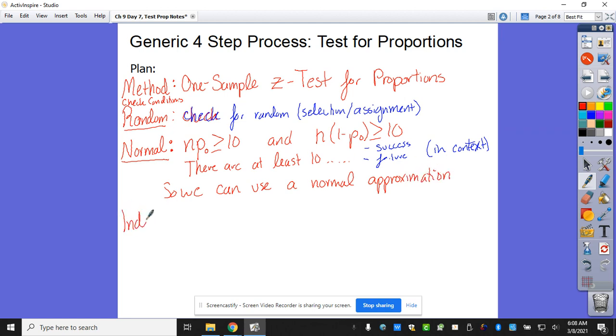Then our third condition, independent, 10% condition, nothing changing there. Make sure you write independent. Make sure you also write 10% condition, not just 10%, not 10% rule, 10% condition, which is capital N is greater than or equal to 10 times lowercase n. Writing it out, assuming or there are at least. Again, write this out however you have been.